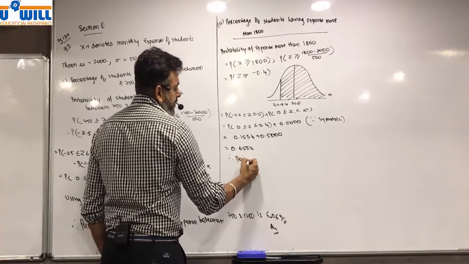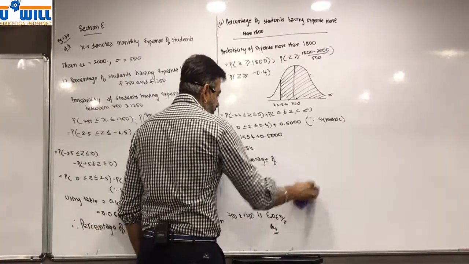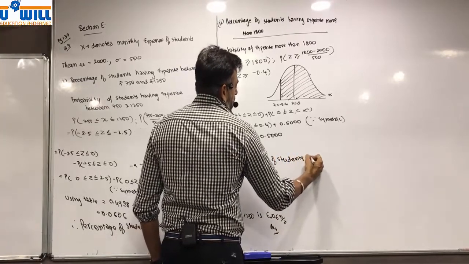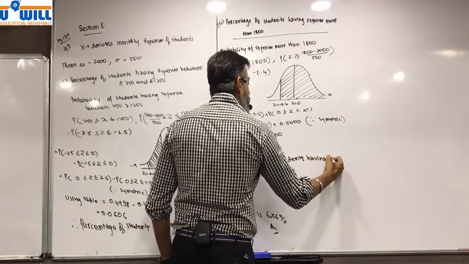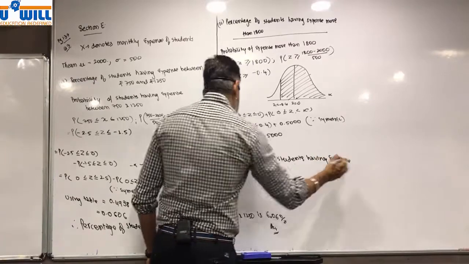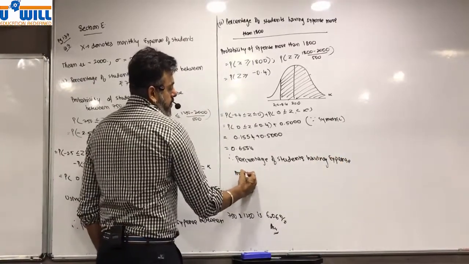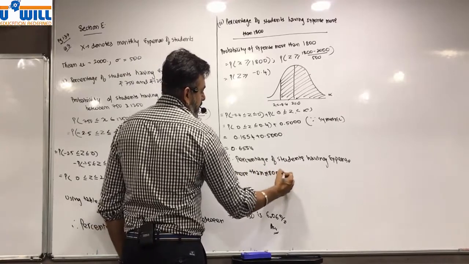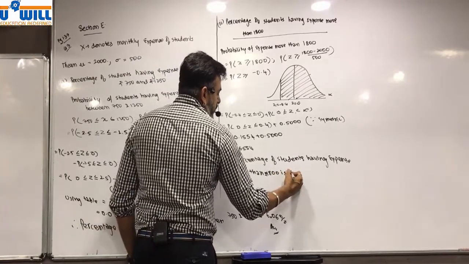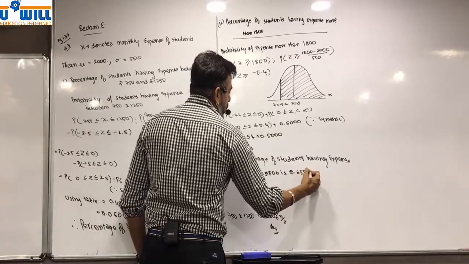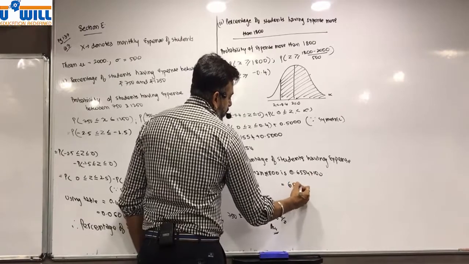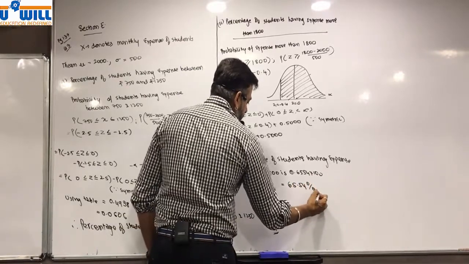Therefore, percentage of students having expense more than 1800 rupees is 0.6554 into 100 is equal to 65.54%.